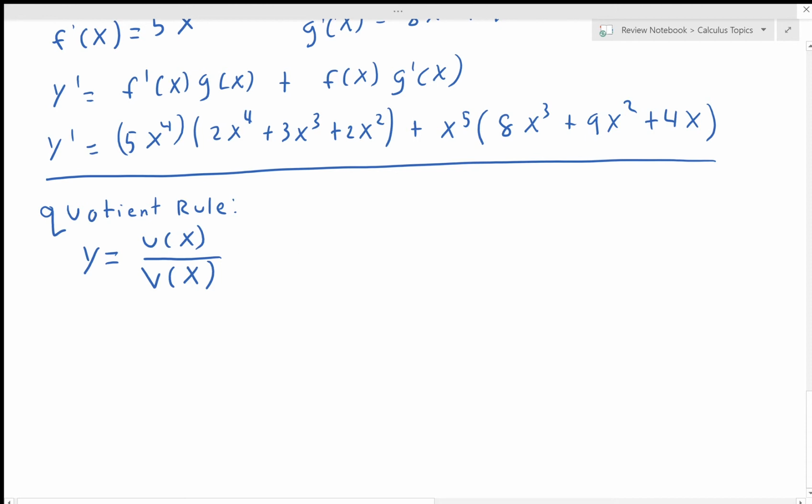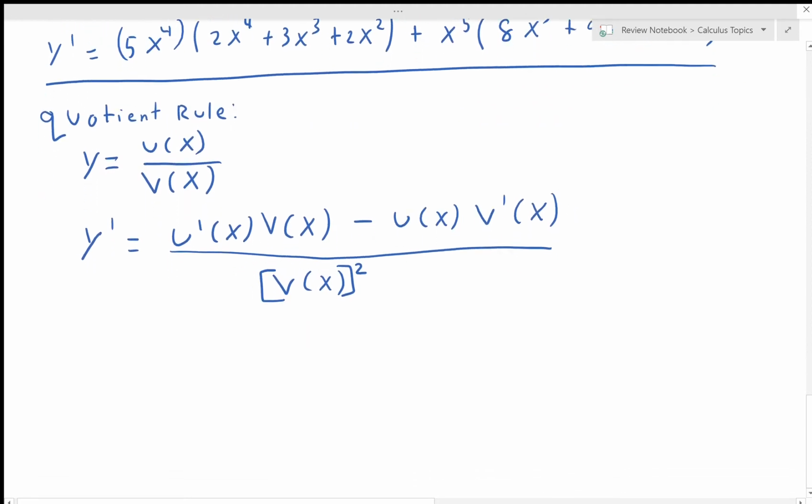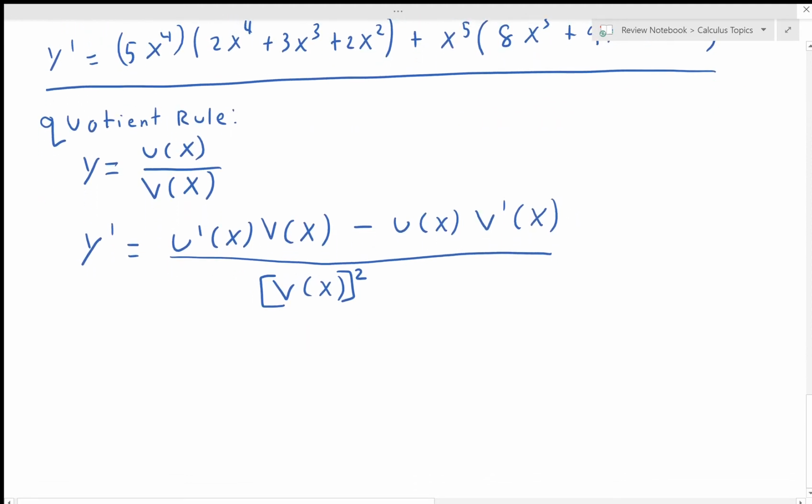And then the derivative of this is derivative of the top times the bottom minus the top times the derivative of the bottom over the bottom squared. Let's go like that. So we'll start with easy.